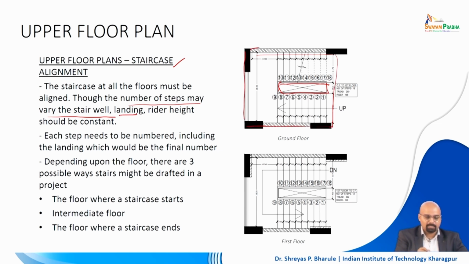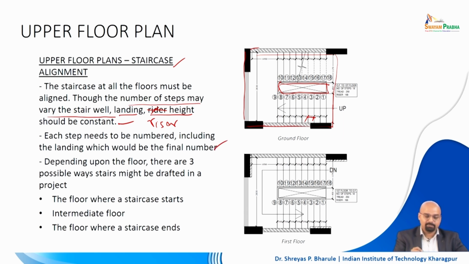But the stair landing and the riser height, which is this, the riser height should always be constant. So, these heights and these differences should always remain the same, and also the tread width needs to remain the same throughout the staircase.